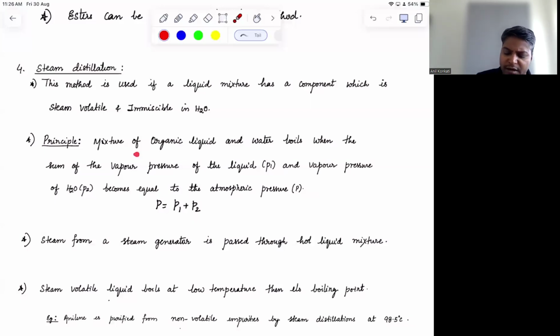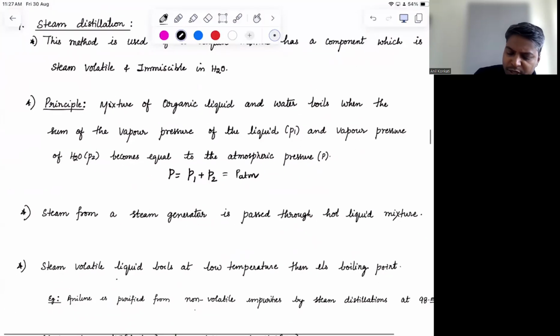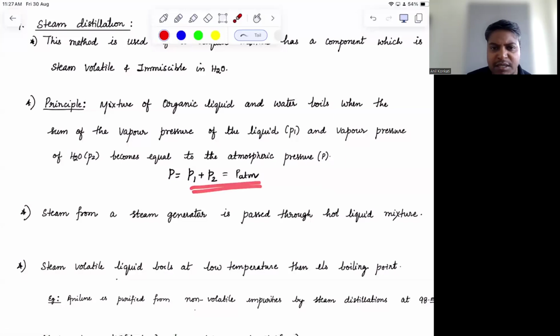So suppose I have an organic liquid, and the sum of the vapor pressure of the liquid which we want to separate out and the vapor pressure of water together, P1 plus P2, that is the partial pressure of the one which we are separating out plus the partial pressure of the water, must be equal to atmospheric pressure. So when this total pressure becomes equal to atmospheric pressure, then the evaporation will start.